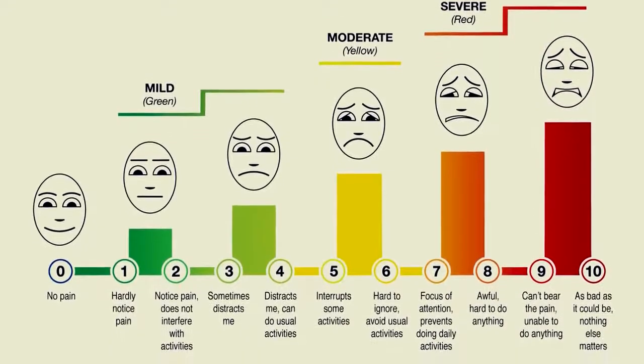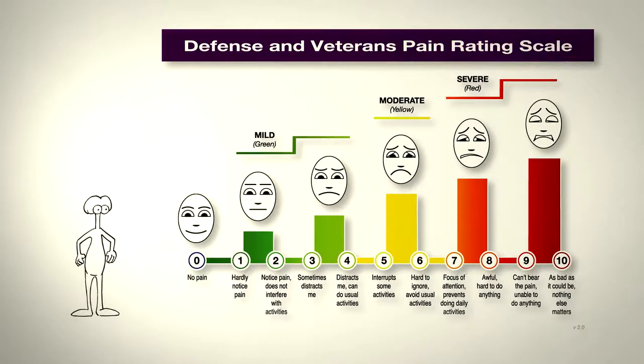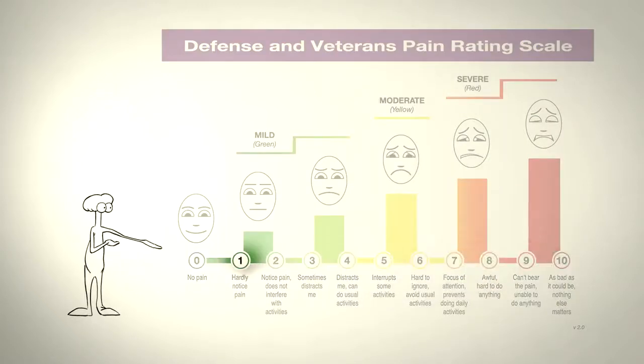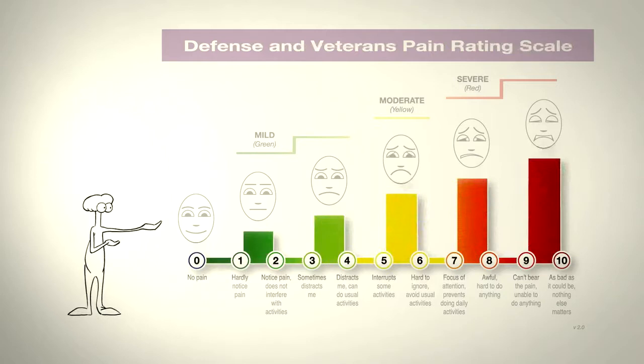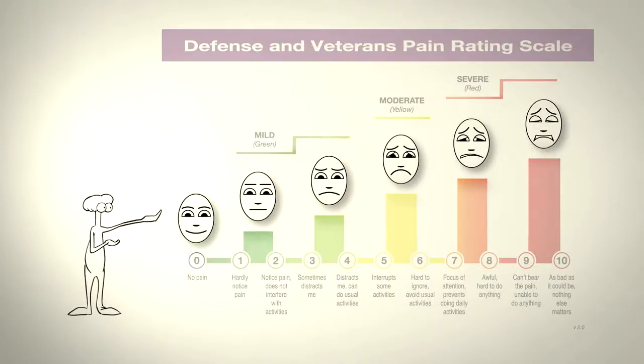When developing the DVPRS, the experts wanted to incorporate aspects from the validated pain scales in use today. At its foundation, the DVPRS begins with the familiar 0 to 10 method of reporting pain. The DVPRS also incorporates multiple other visual cues, including graduated intensity bars, the green-yellow-red color continuum, and a facial pain scale for those who might have difficulty communicating.